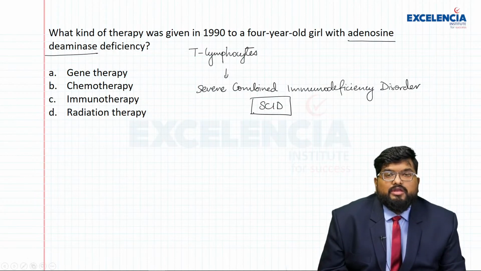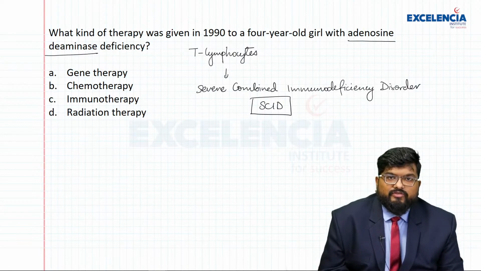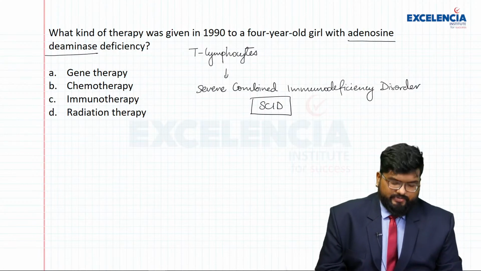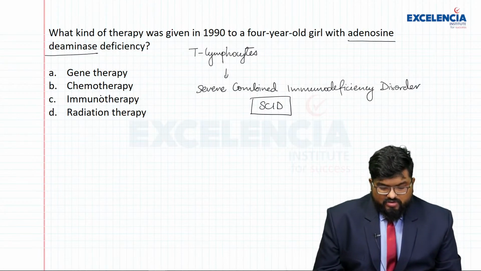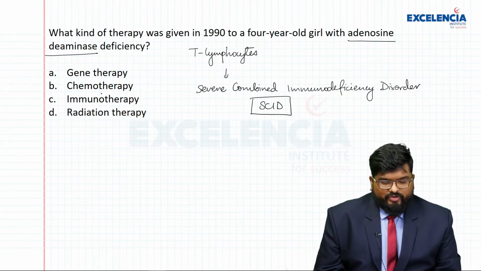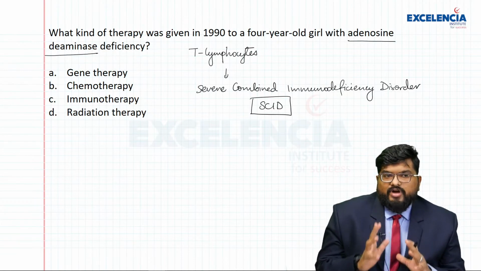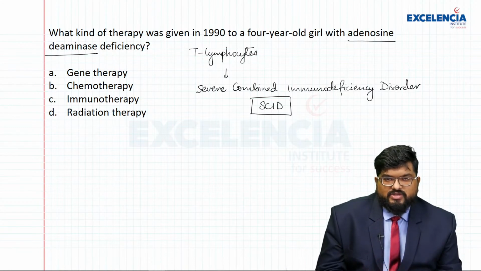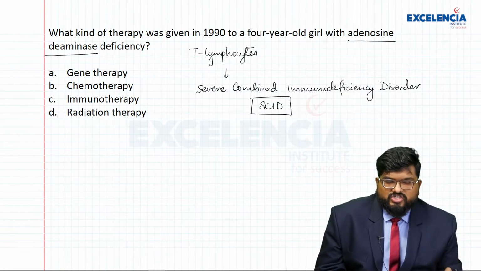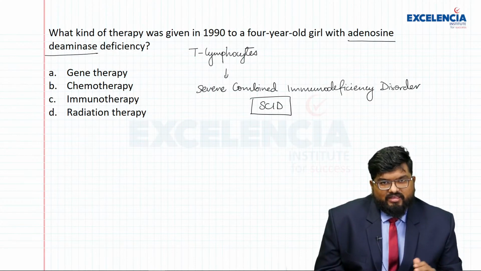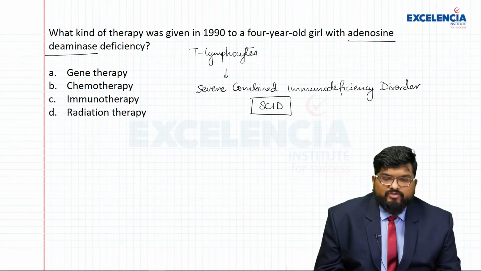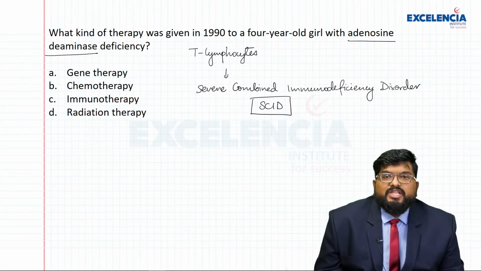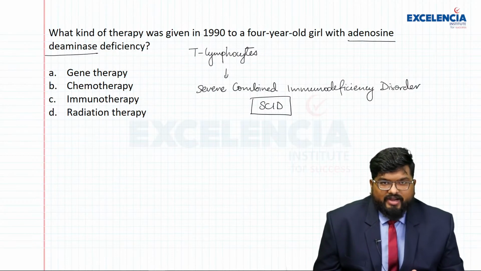It causes what? Severe combined immunodeficiency disorder, or SCID. So what was done over here? A functional gene of adenosine deaminase was taken and transferred to T lymphocytes with the help of retroviral vectors.